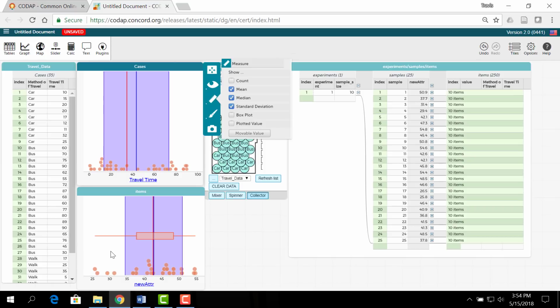Our original question was, based on this sample, if we want to make a prediction of what the general population of North Carolina high school students would report as their typical travel time to school, then we're fairly confident that that true typical travel time is somewhere between 29 and 57 minutes.